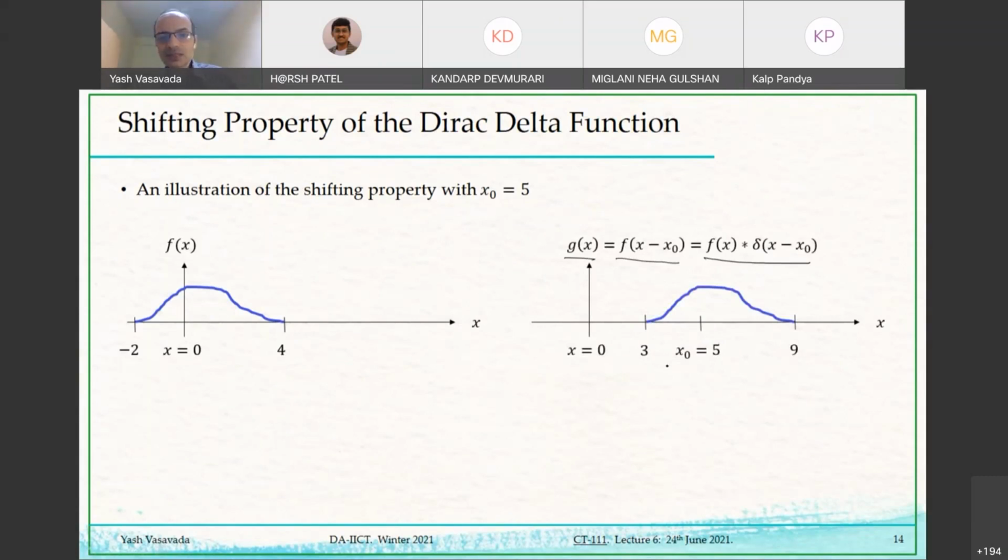X equal to 0 becomes x naught equal to 5. -2 becomes 3 and 4 becomes 9. It's like we took this f of x and slid it rightward by 5 units of x.